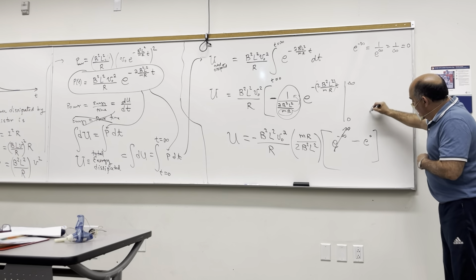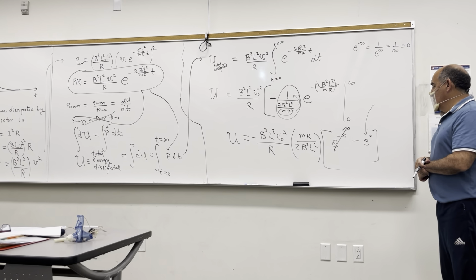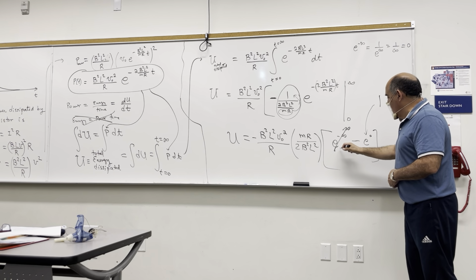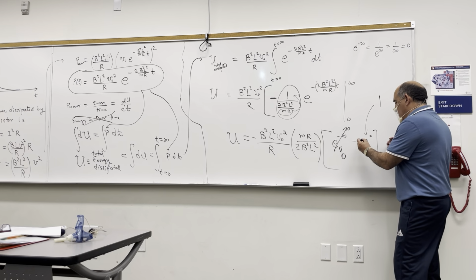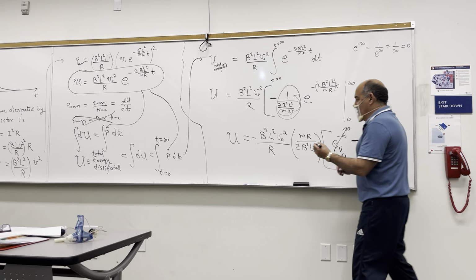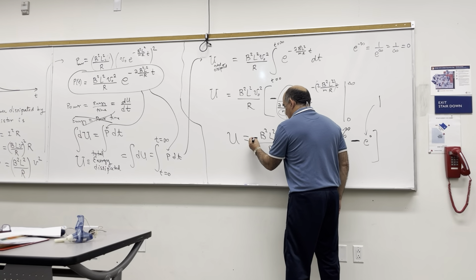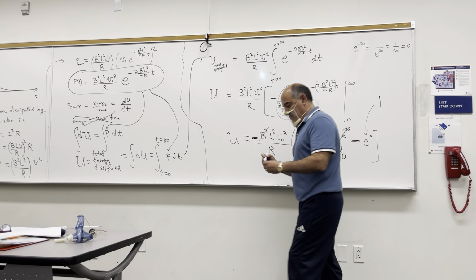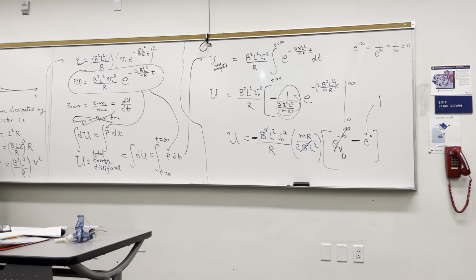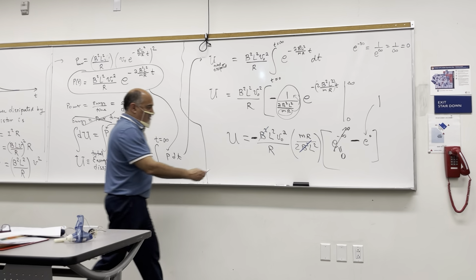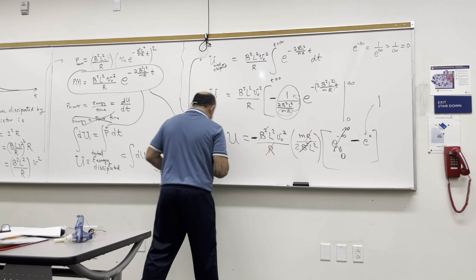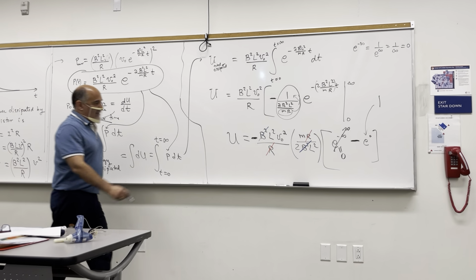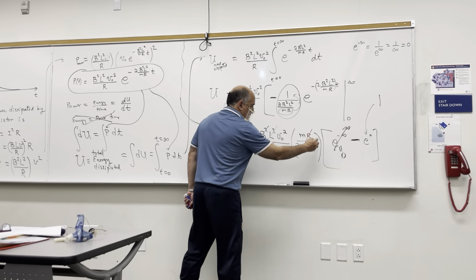Now, how much is e to the 0? 1. This is 0 over here, right? So notice that this minus sign cancels this minus sign. And then I have a b squared here that cancels this b squared. I have an r here that cancels this r. And we have an L squared here that cancels this L squared.